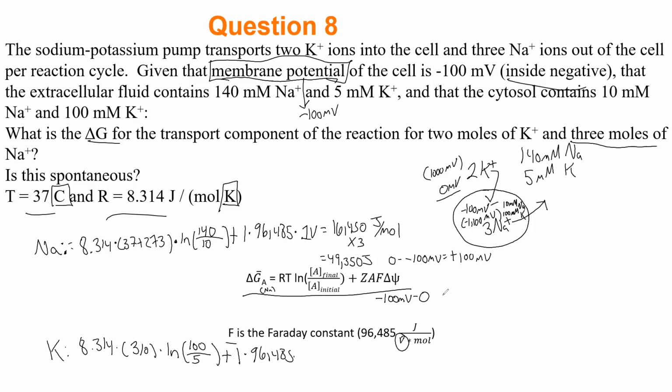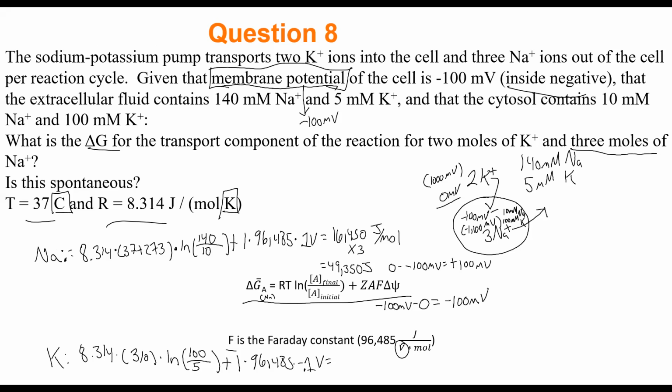So here it's actually the opposite sign of sodium because we're going from outside the cell to inside. So it makes sense that it would be the same number but with the opposite sign. So this is multiplied by negative 0.1 volts. It needs to be in volts because Faraday is in volts.